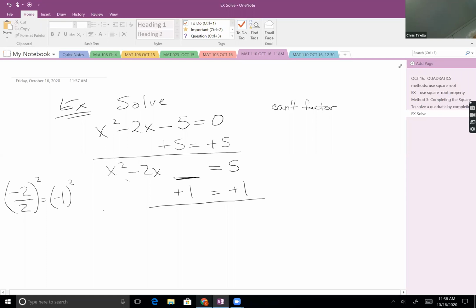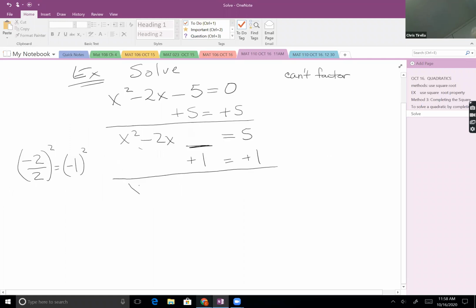So I'll add 1 to both sides, which gives me x squared minus 2x plus 1 equals 6. What's on the left isn't just factorable, but it's clearly a perfect square.